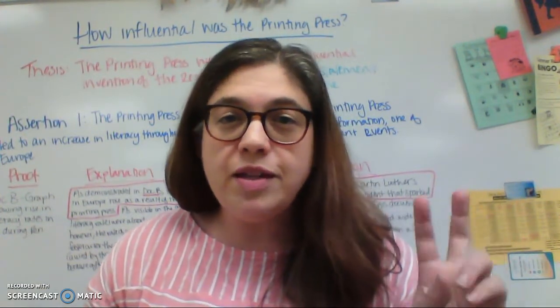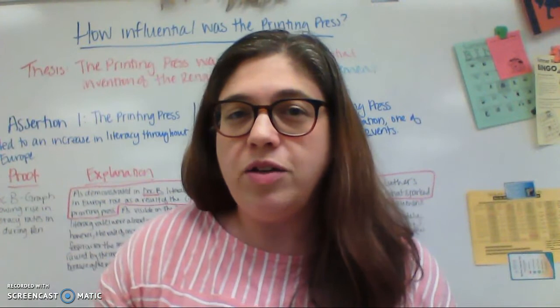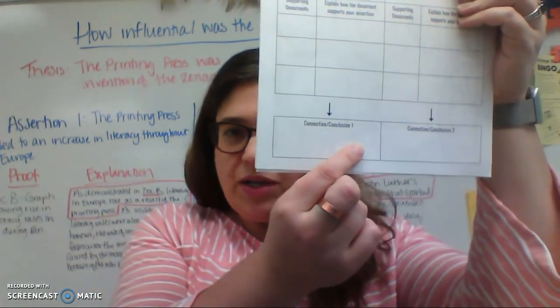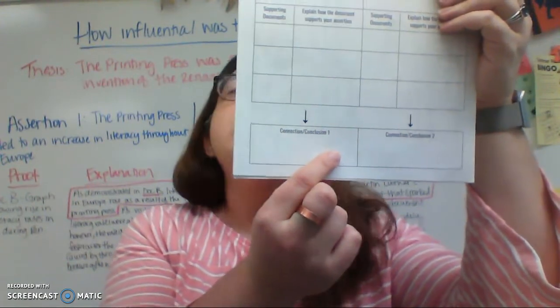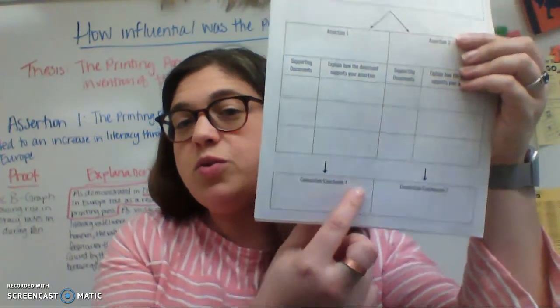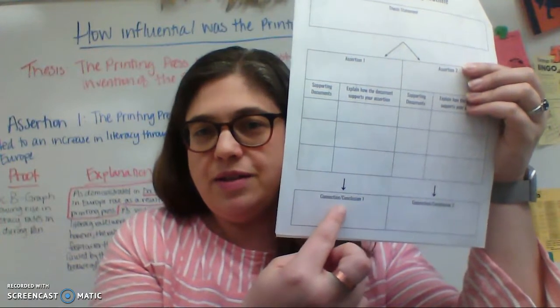The second thing that most people need to look at in your outlines is down here at the bottom, the conclusion and connection. So your conclusion number 1, good, I'm pointing to the right one, conclusion number 1 is going to transition you from assertion 1 to assertion 2. So this is a connecting statement.